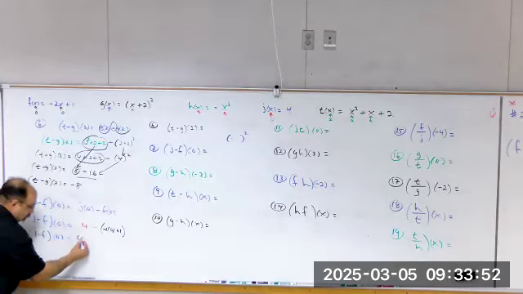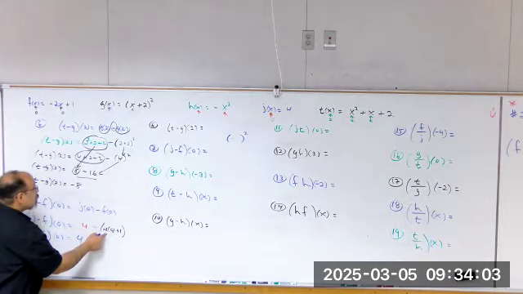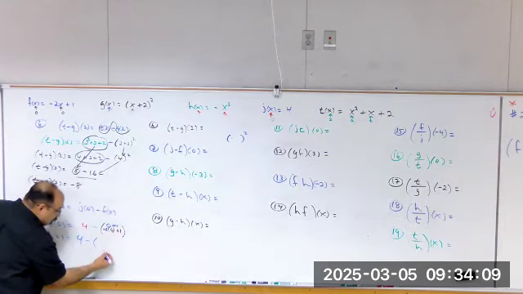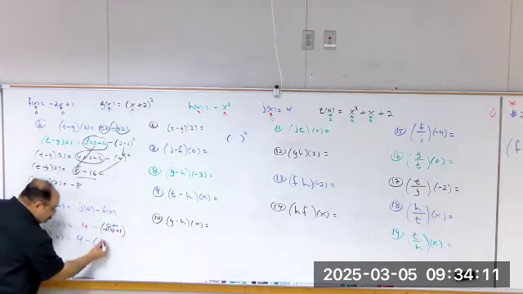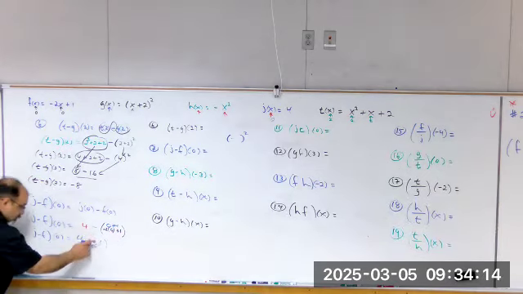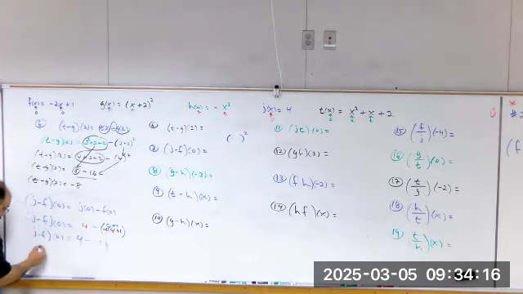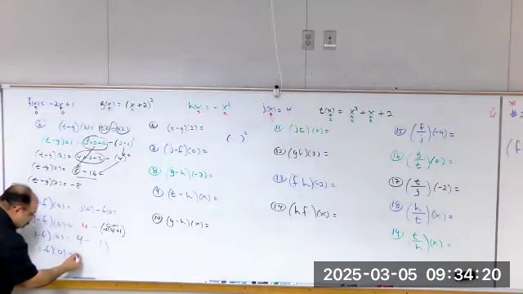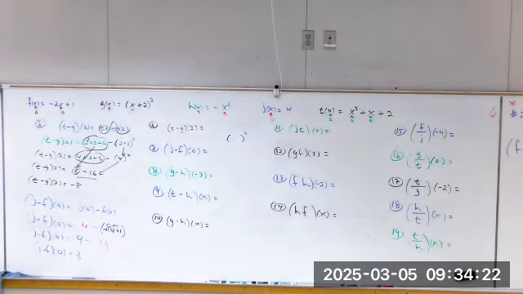Don't distribute until you simplify that. So 4 minus negative 2 times 0 is what? 0. And what's 0 plus 1? So it's 4 minus 1. What's 4 minus 1? 3. Thank you. So the answer is 3.